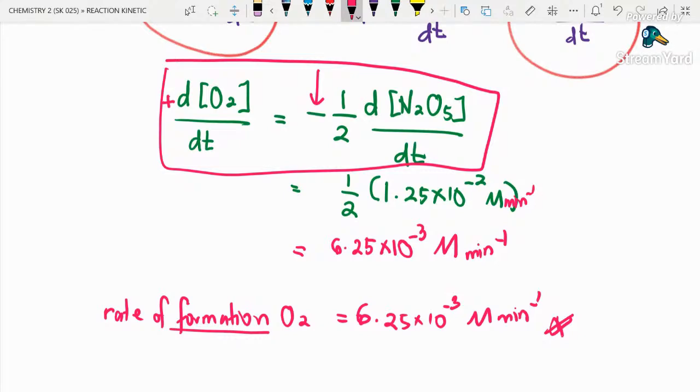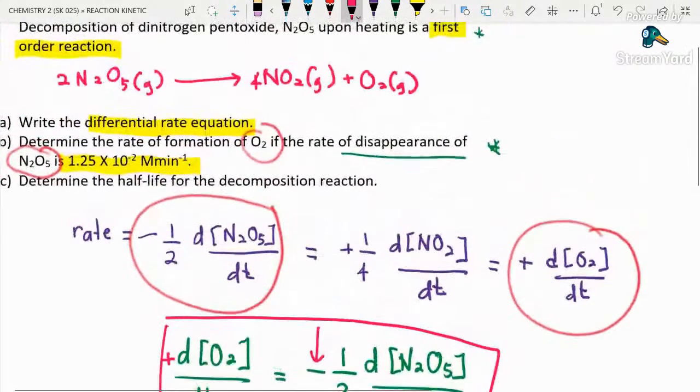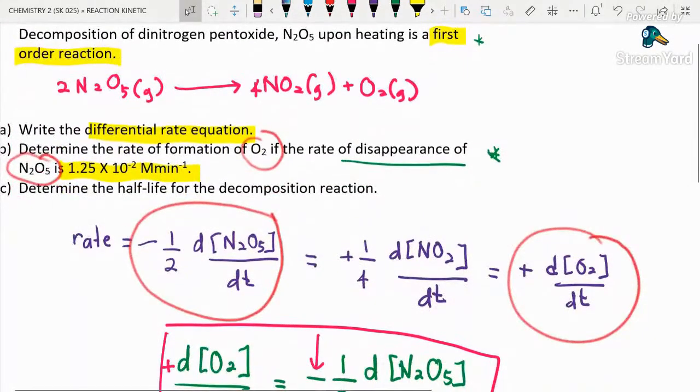Okay, now let's go to C. Determine the half-life for the decomposition. Half-life depends on the order of reaction. Now only we use the first order rules. What we call it, a half-life for the first order, how do we get it?